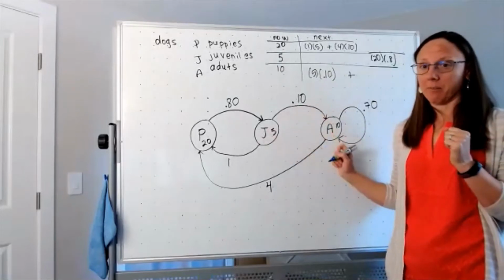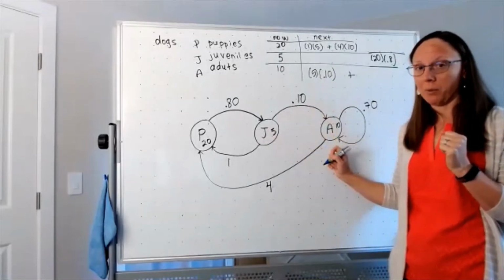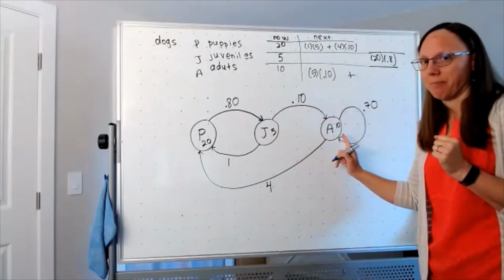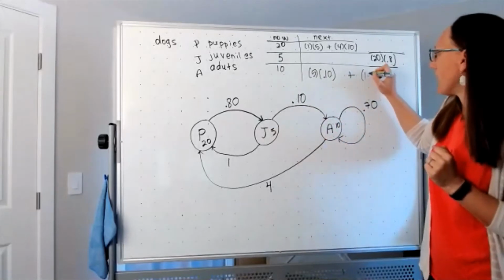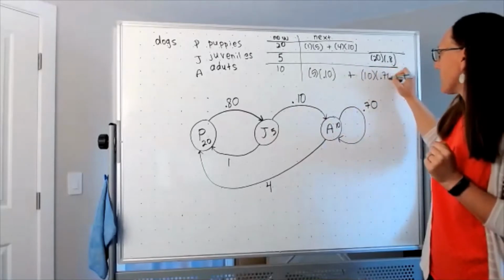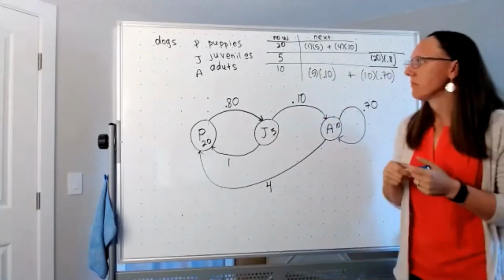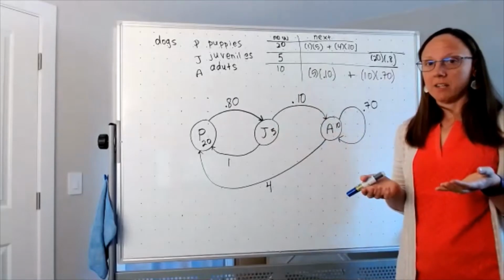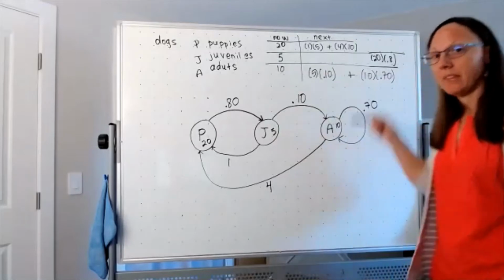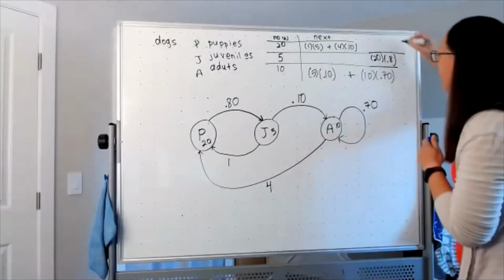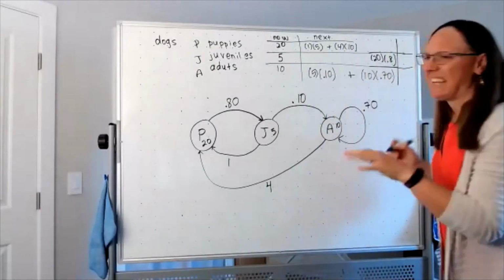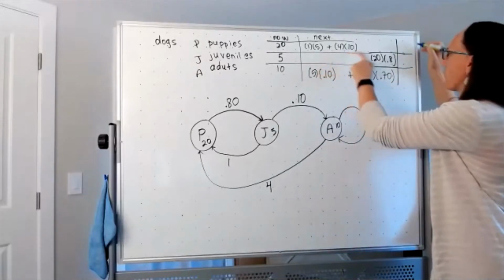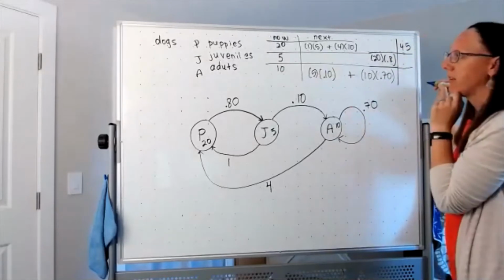Of the 10 adults we have, 70% of them survived. So I've also got 10 times 0.70. Now that got a little bit messy, but if we compute all of these numbers and ignore the fact that some of them will be decimals, that's 5 plus 40. So I'd have 45 puppies.